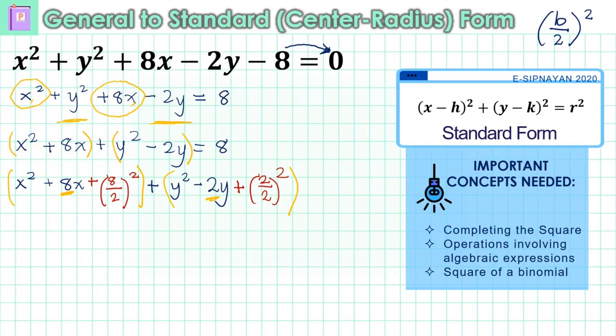Hence, since we added two constants on the left-hand side of the equation, we're also going to add the same values on the right-hand side of the equation. Hence, the right-hand side of the equation will become equals 8 plus whatever we added on the left-hand side, which are plus 8 over 2 squared and plus 2 over 2 squared.